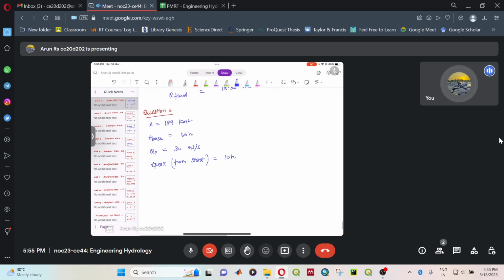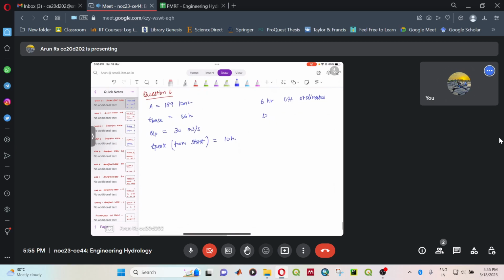Now we need to determine the 6-hour unit hydrograph coordinates and the DRH unit hydrograph representation.